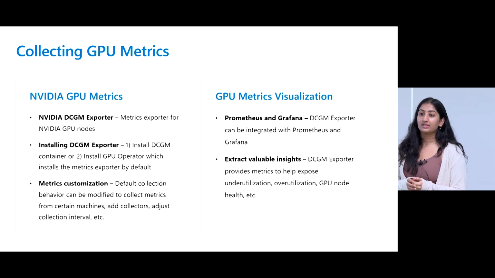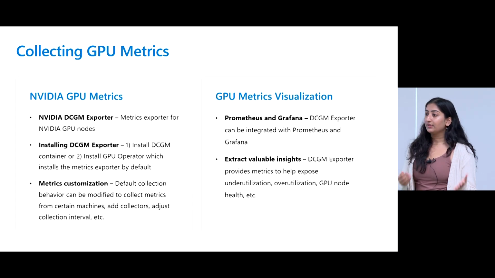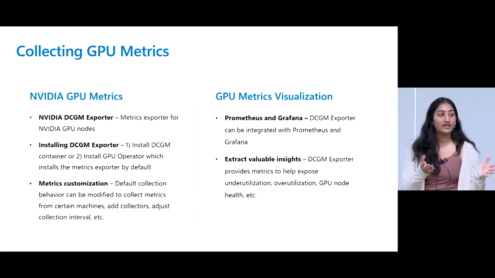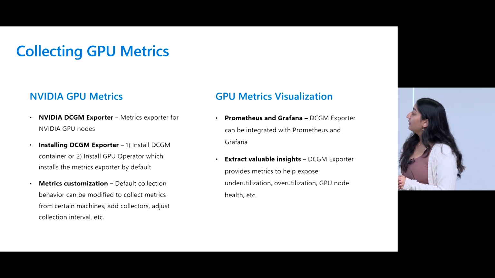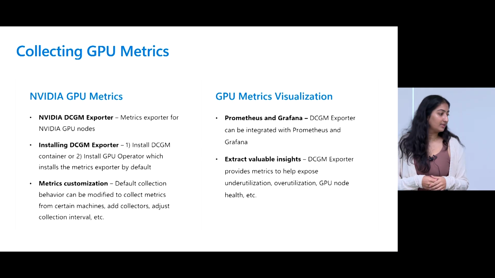So this exports usage metrics, health metrics for the GPUs. And it's just a two-step installation, and you can customize the metrics, filter through them, use Prometheus and Grafana to visualize what that looks like, and then make informed decisions accordingly. So extracting valuable insights so you can expose underutilization, overutilization, GPU node health, et cetera.